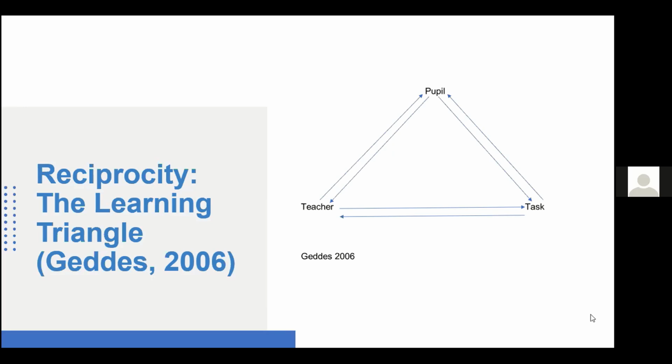In contrast, the child with an ambivalent or resistant attachment style would be seeking proximity to the teacher at the expense of being able to engage with the task. So they wouldn't be able to engage in that learning experience because they would be needing that relationship with the teacher more. And that relates to their separation anxiety.